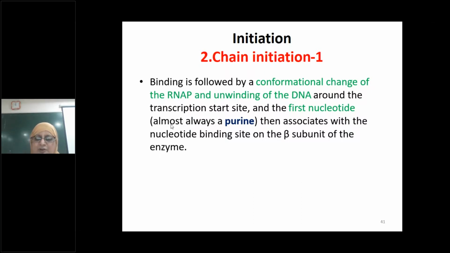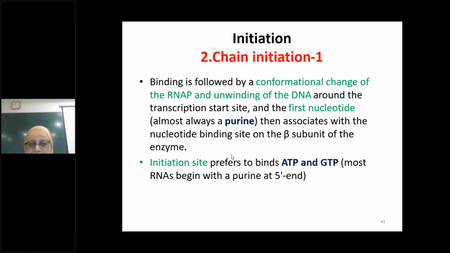Then the first nucleotide, which is almost always a purine, will be added, and this will associate with the nucleotide binding site on the beta subunit of the RNA polymerase enzyme.